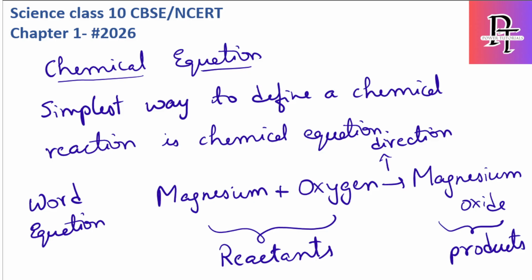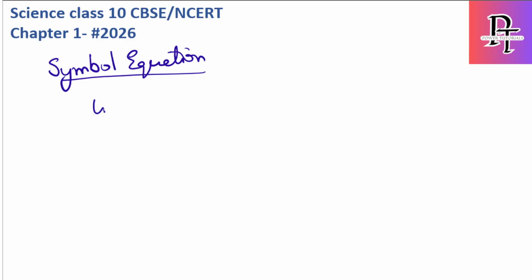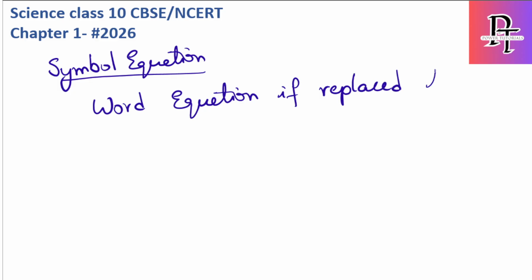Okay, so then we'll discuss what a symbol equation is. The word equation uses full names, whereas if the word equation is replaced by symbols, then it becomes a symbol equation.